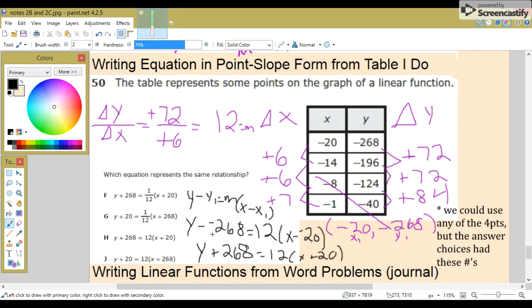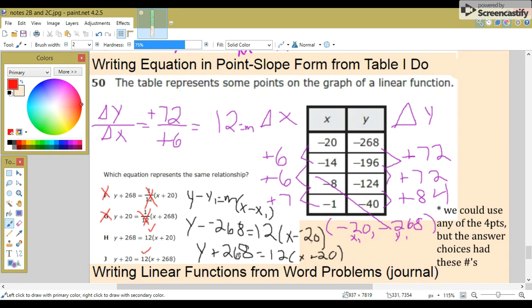Let's compare our answer choices. It can't be F because that is the incorrect slope, so we can automatically cross that out. G, that is also not the correct slope, so we could cross that out. H, that's the correct slope, and J, that's the correct slope.